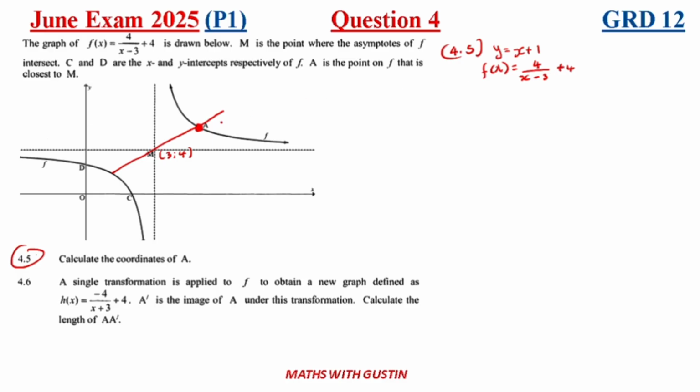So now this is where the two graphs intersect. You can equate the two graphs here. You can say f of x is equal to y, then you solve for x. Once you find the x value that is sitting here, you should be able to go and find the y value. However, you can also use this other method.